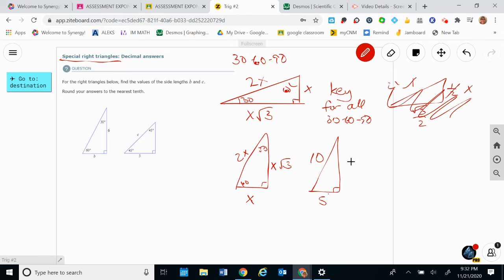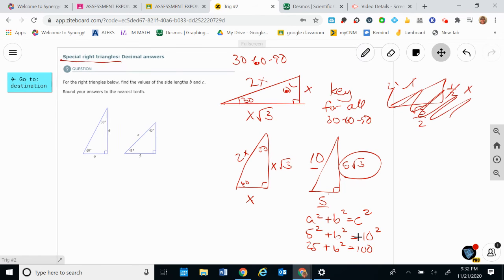And this side is 5 root 3. Let me show you why. Because a squared plus b squared equals c squared. Let's say we knew these two. 5 squared plus b squared equals 10 squared. That's 25 plus b squared equals 100.